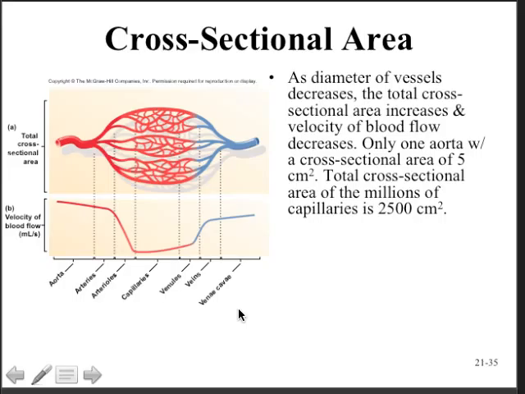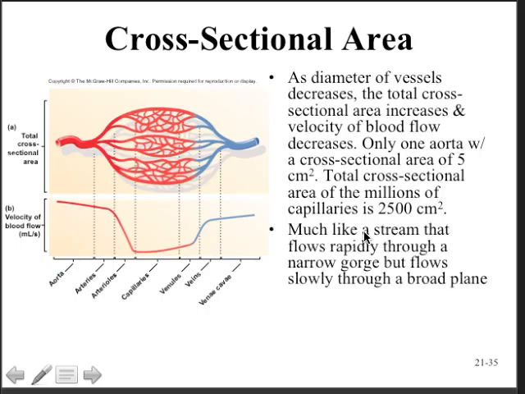Only one aorta with a cross-sectional area of 5 square centimeters is where we're going to see a high velocity of blood flow and also, of course, a relatively wide diameter. The total cross-sectional area of millions of capillaries is about 2,500 square centimeters. So that's a significant amount of space and area to detour that the blood can take.